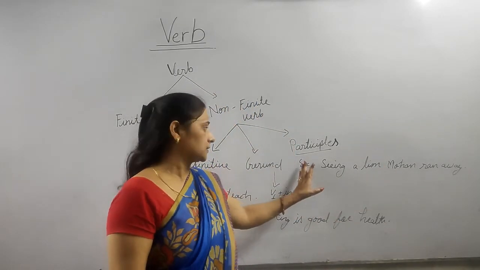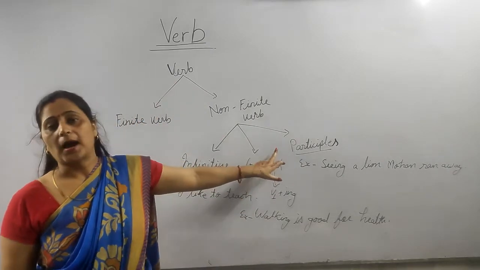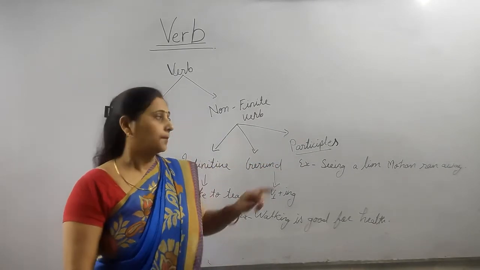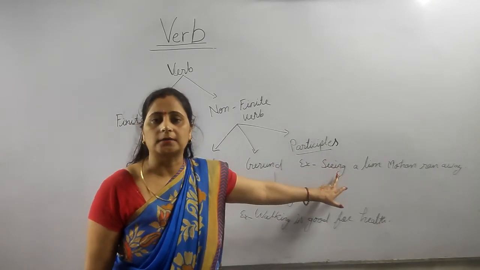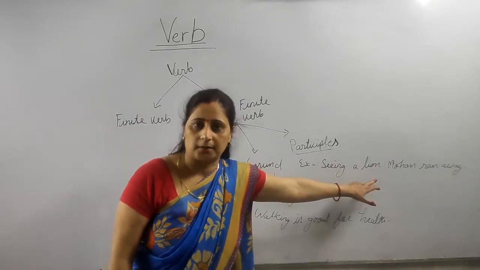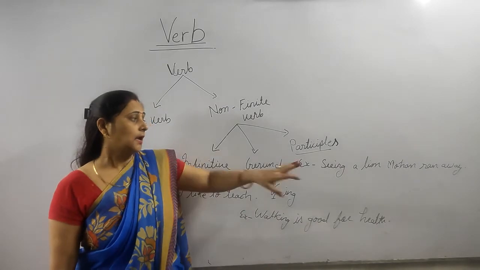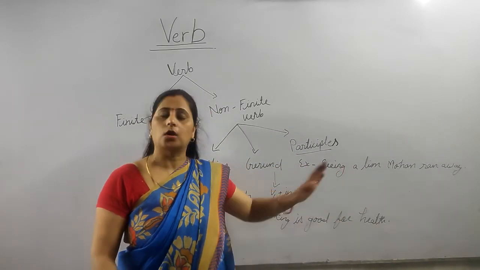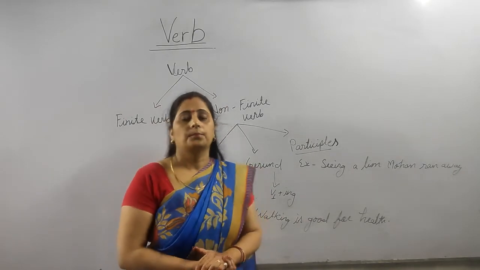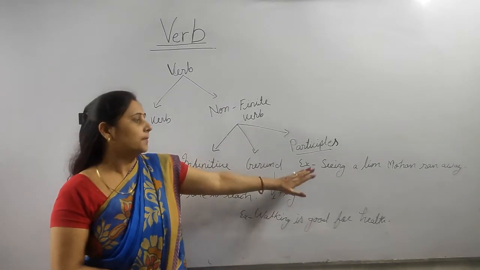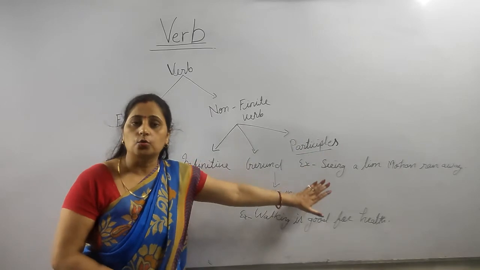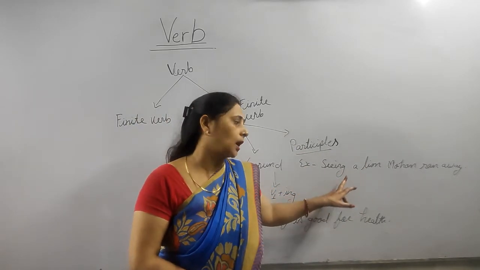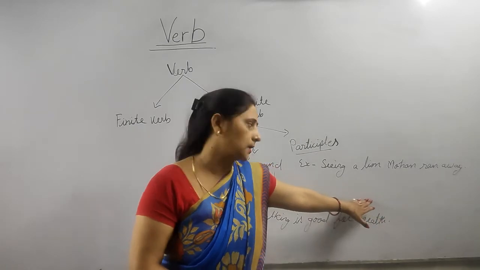Look at the participle. Participles can be divided into three parts: present participle, past participle and perfect participle. In present participle we also make verb plus ing form, but we use this verb as a verb, not as a noun.